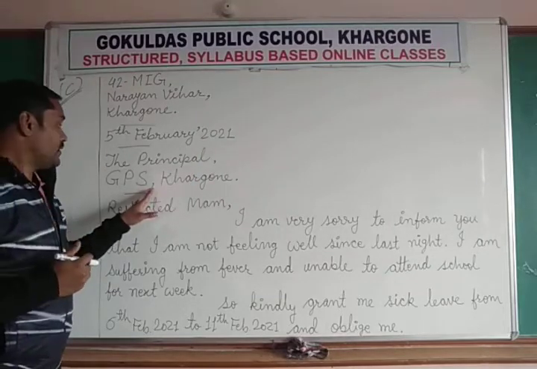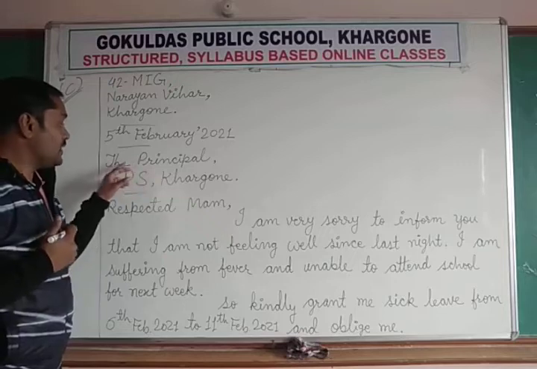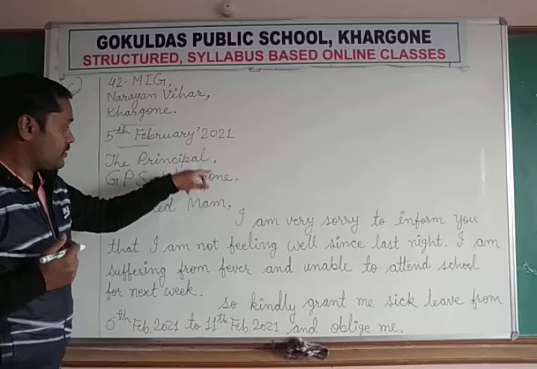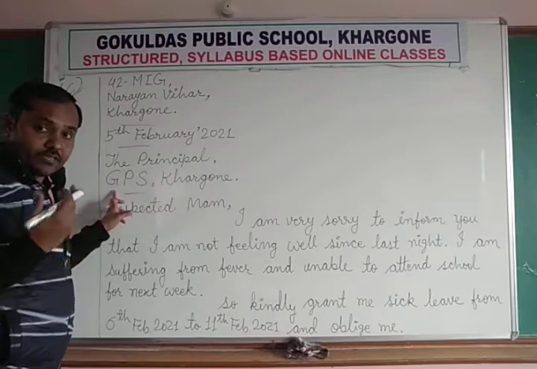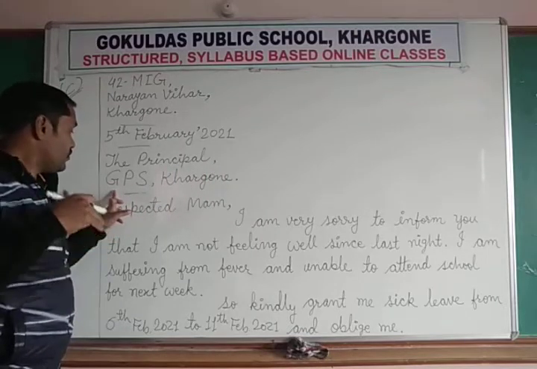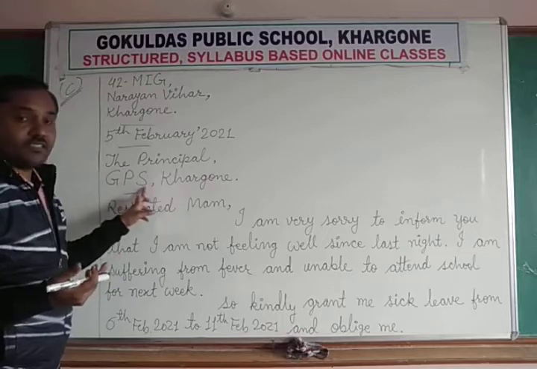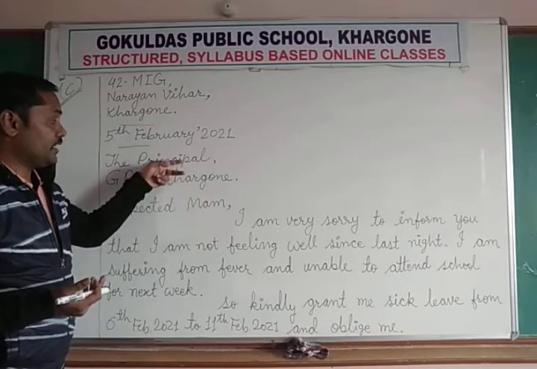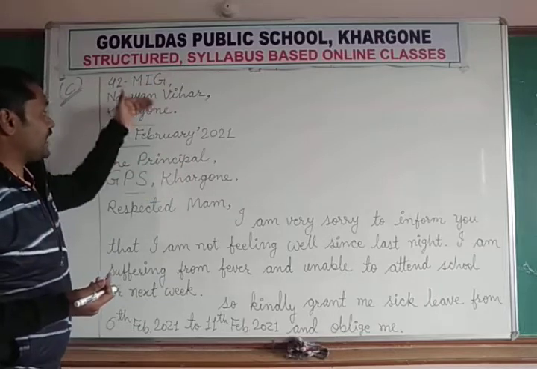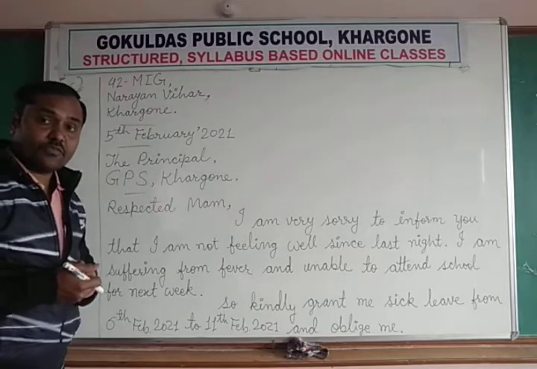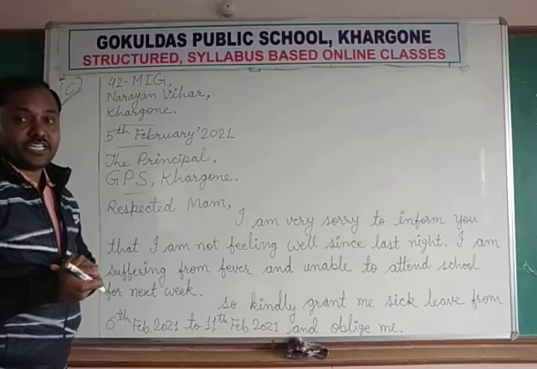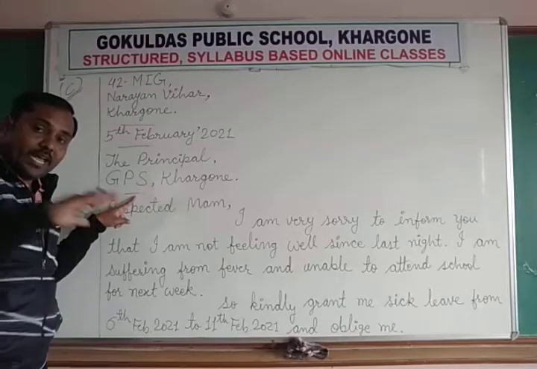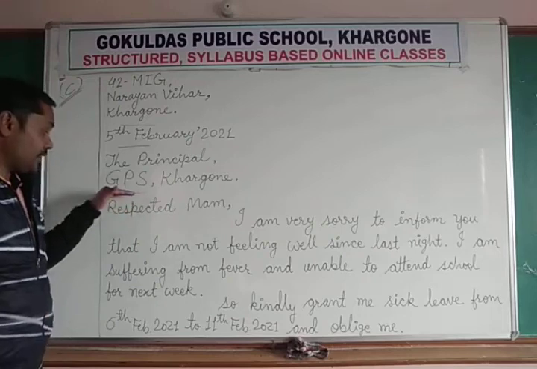So who is going to receive my letter? The Principal, that is the designation, comma, where? GPS, Gokuldas Public School, Khargone. In 2 or 3 half lines we write the address of the office and the designated person. Then again leave one line blank.